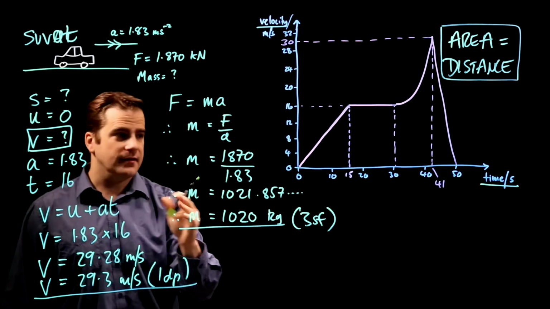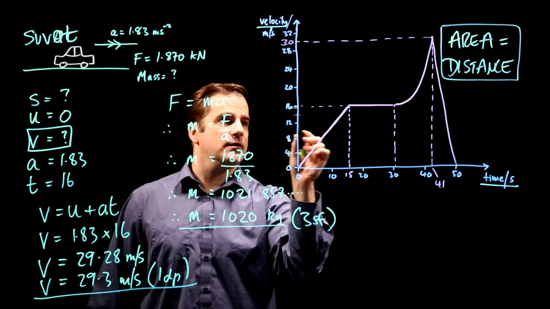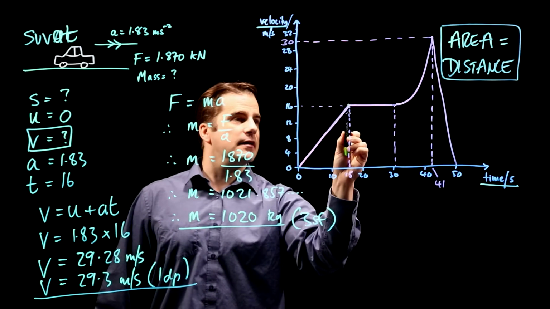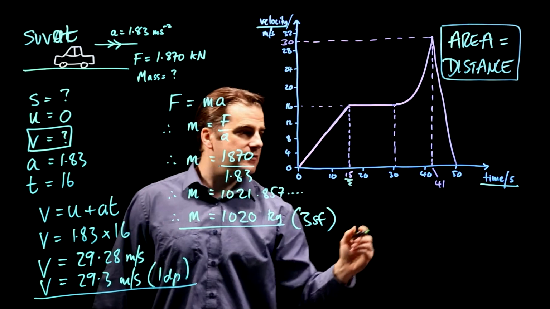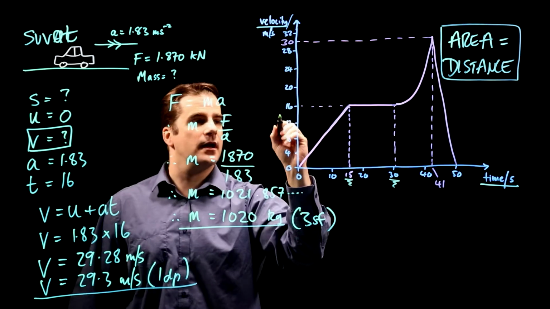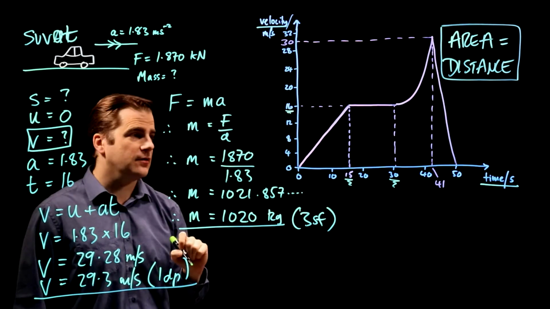Now you have to read off these values accurately on your question sheet, and it goes from 15 seconds to 30 seconds, at a velocity of 16 meters per second.